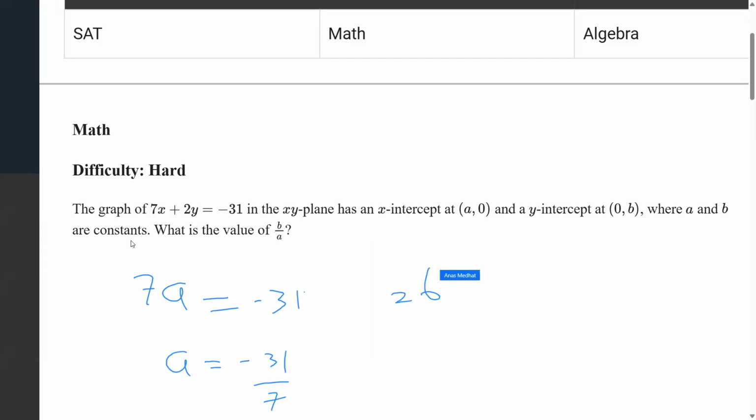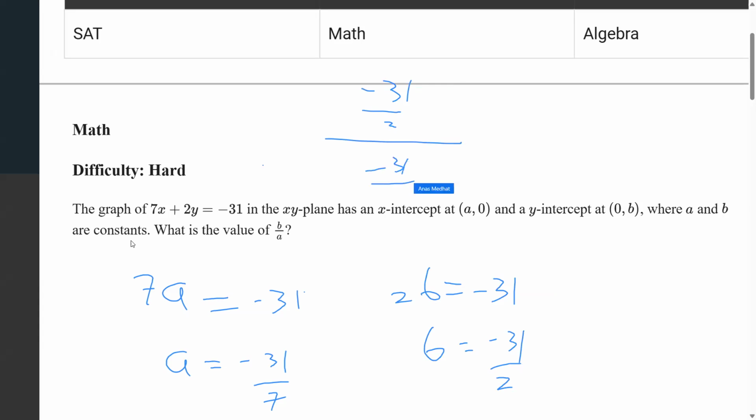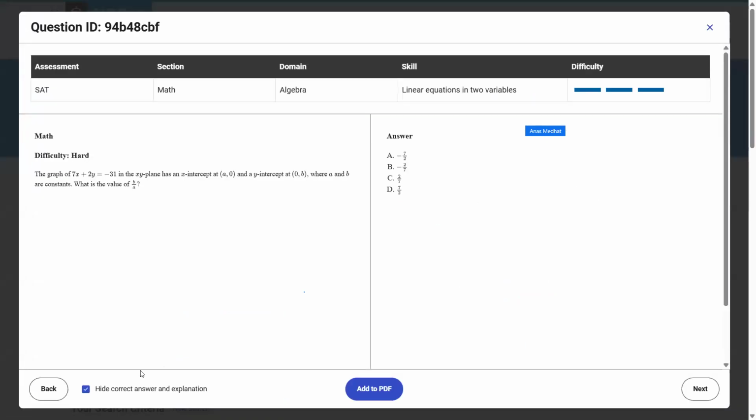So B is equal to minus 31 over 2. Minus 31 over 2 over minus 31 over 7. Now put this above 7 over minus 31. They will cancel, it will give you 7 over 2. Answer 7 over 2.